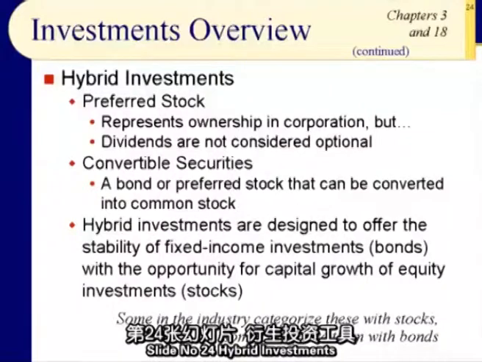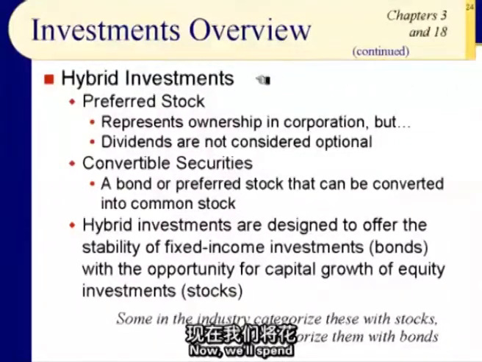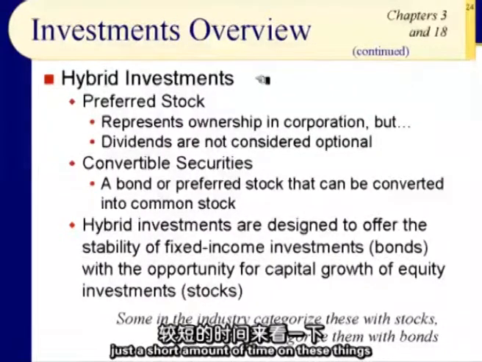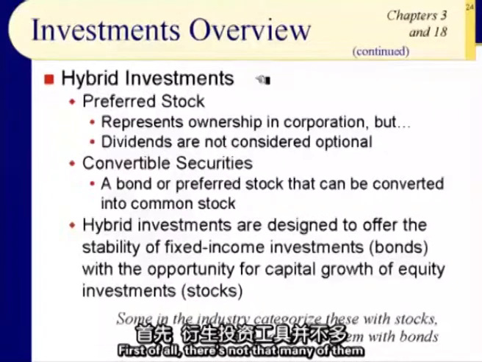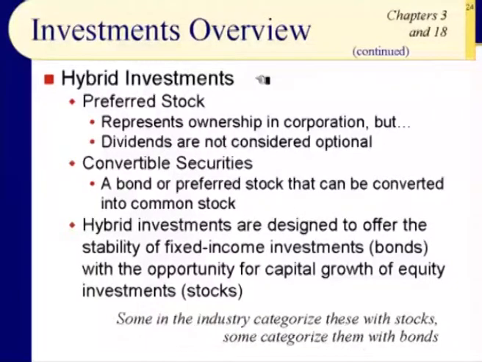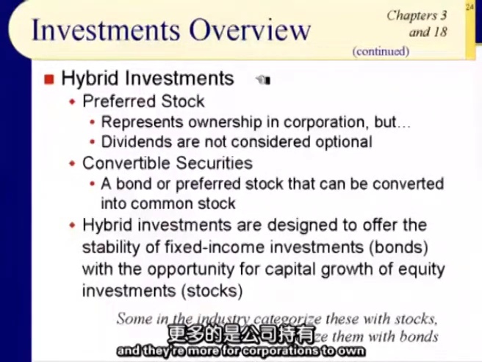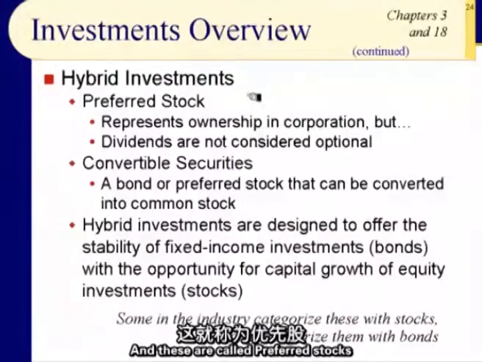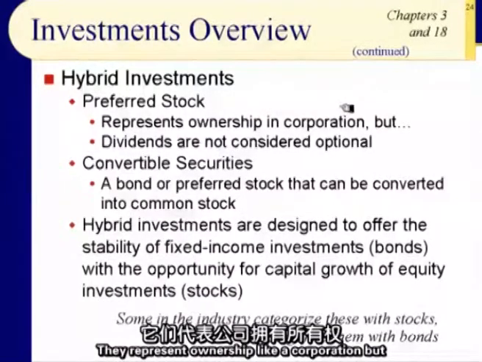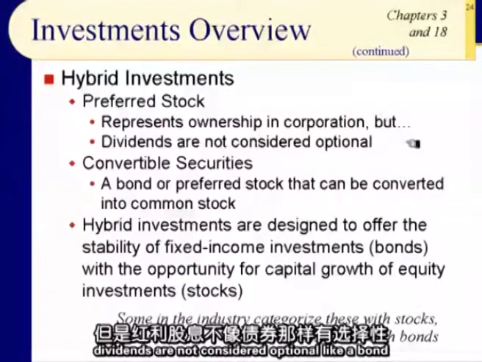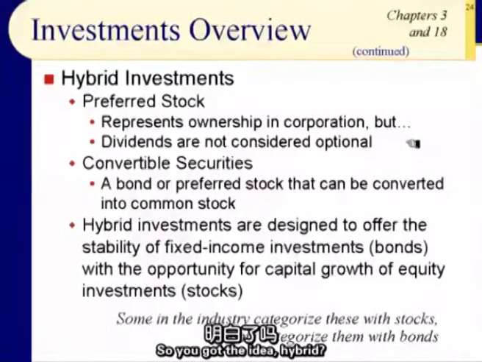Hybrid investments. Now, we'll spend just a short amount of time on these things because, first of all, there are not that many of them. They're more for corporations to own, and these are called preferred stocks. They represent ownership like a corporation, but dividends are not considered optional like a bond. So you got the idea?